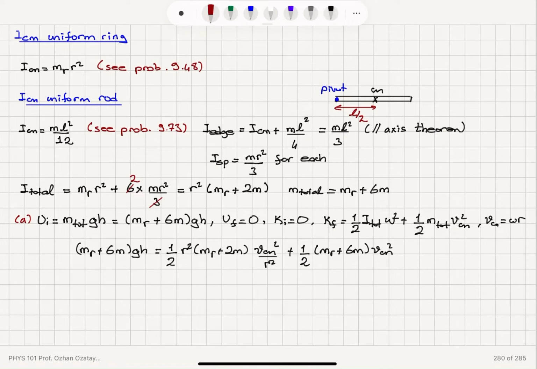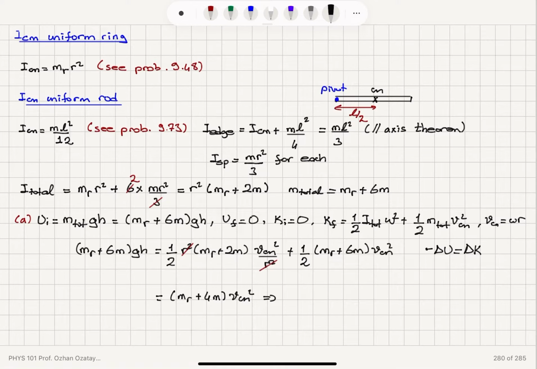So we have a simplification here. These r squareds will cancel. So what I have written here is minus delta U is equal to delta K. That's conservation of energy. Okay, so this leaves us with, you can see here we have m r plus 2m, m r plus 6m, so 2 m r plus 8m divided by 2, this becomes m r plus 4m, v center of mass squared.